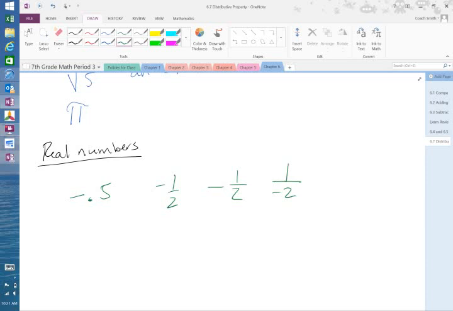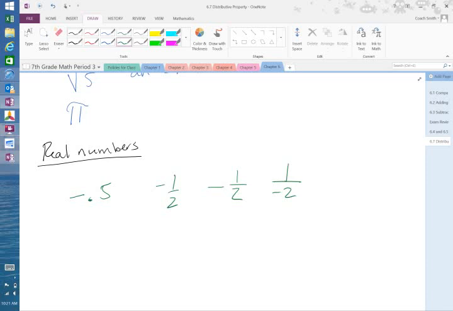So it does not matter when you're dealing with fractions where the negative sign is put. Top number, bottom number, middle. Does not matter. It's still the same answer. Okay? So basically, you just need to understand that rational numbers are those numbers that can be expressed as a fraction.